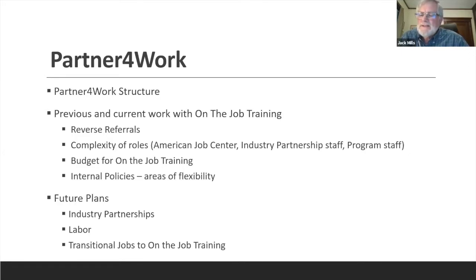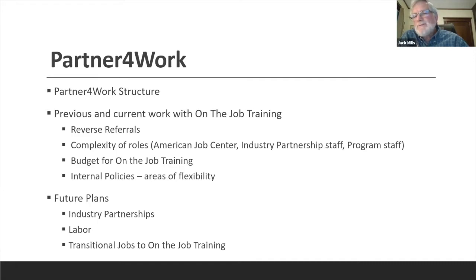So with that said, this idea of going to your organization's priorities. For Partner for Work, our priorities for on-the-job trainings are to look at the level of the employer need, to emphasize new hires versus existing employees, to look at the quality of the training plan, to look at opportunities for advancement, and also what we think of as the strategic value of an employer.